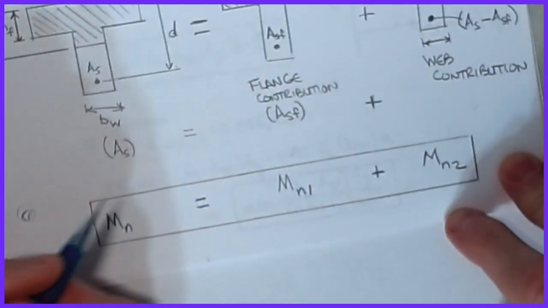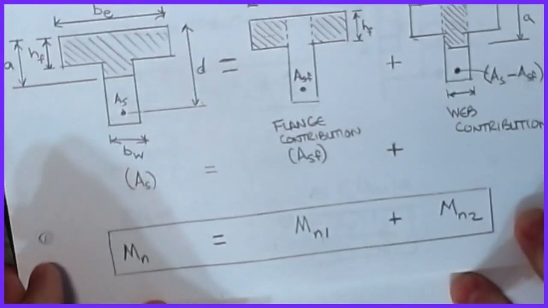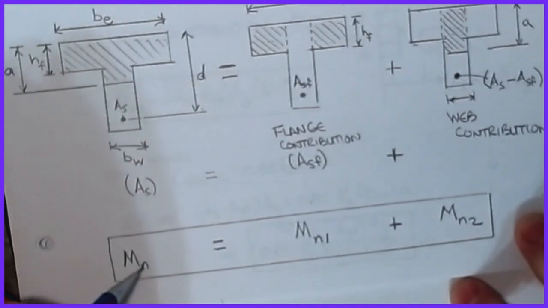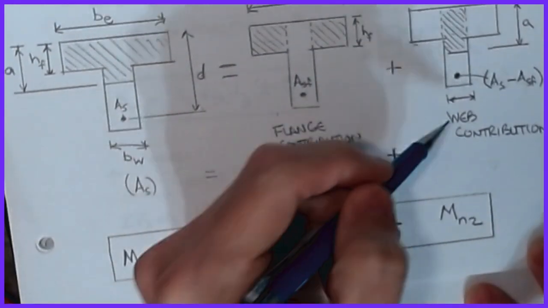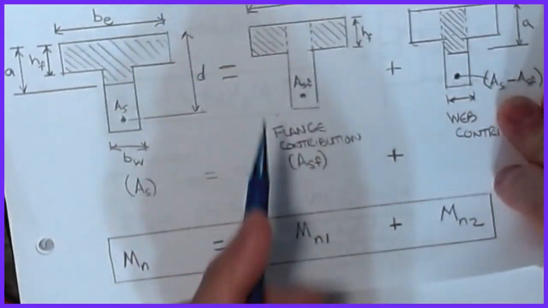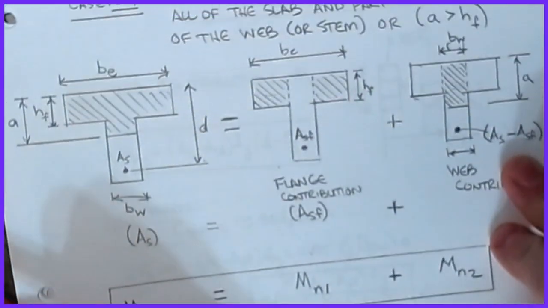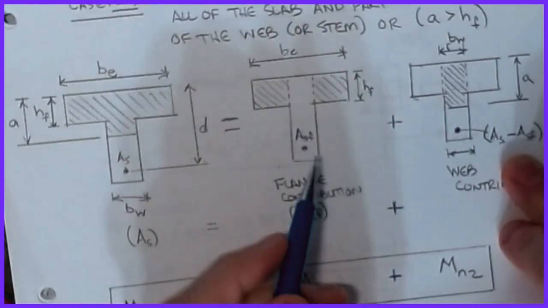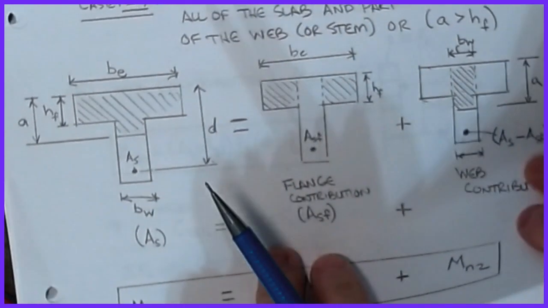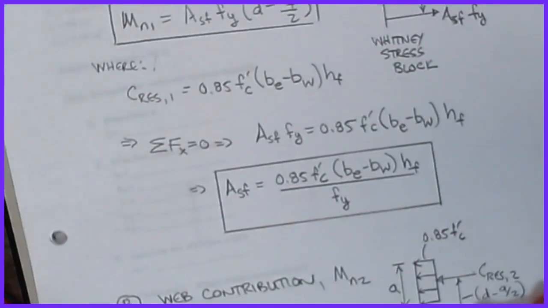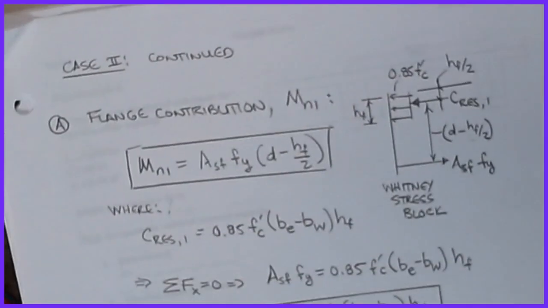Once I do that, then I can look at the nominal moment capacity for the total section, or MN, which is the moment that comes from the flange contribution plus the moment that comes from the web contribution. And both of these analyses become kind of singly reinforced analysis. The trick is figuring out how much of the steel is needed to compute the flange contribution, but even that's not real hard. So this is how we start to do it. So let's take a look at the flange contribution.